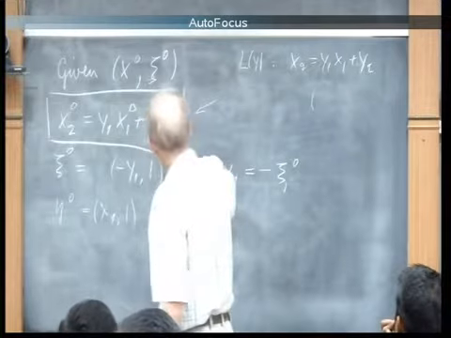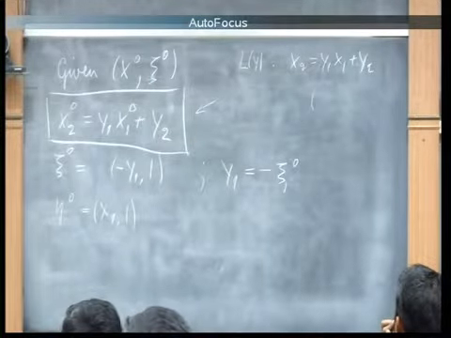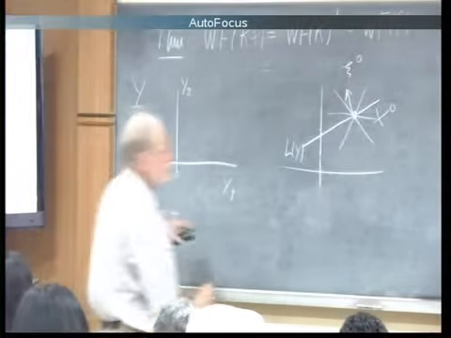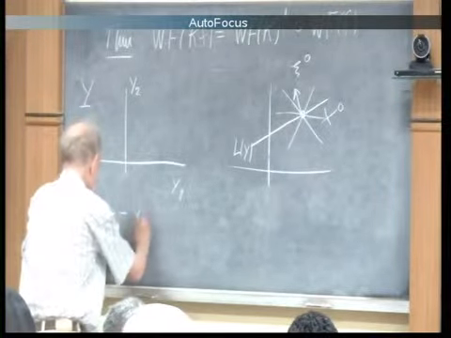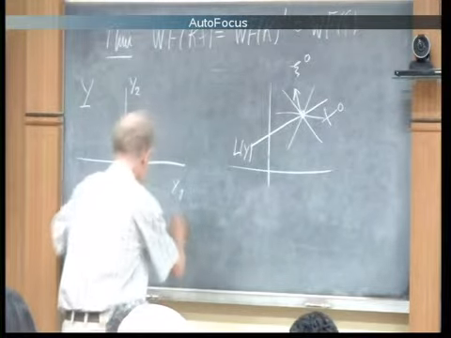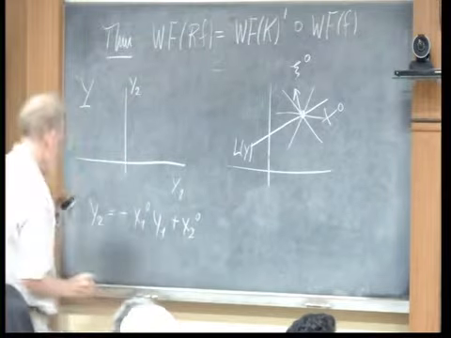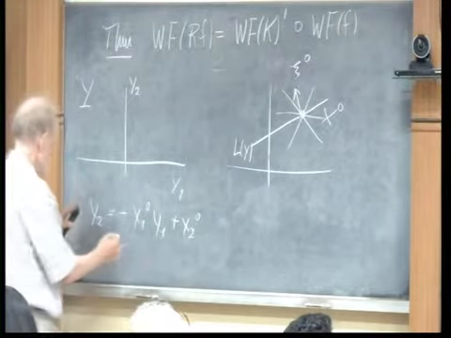And now, y2 equal to minus x1, 0, y1 plus x2, 0. What is the normal of this line in this plane?